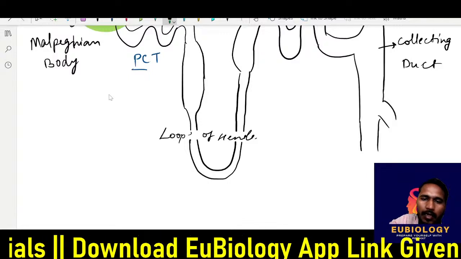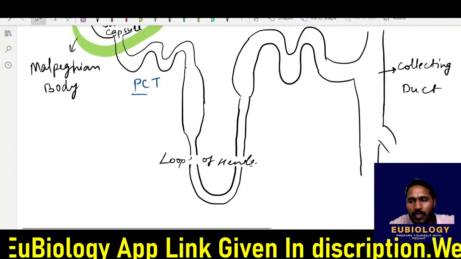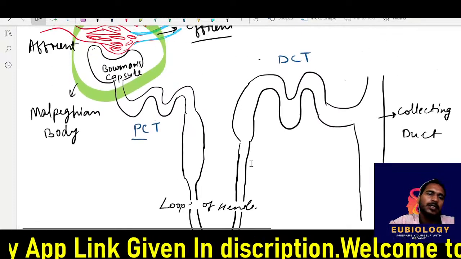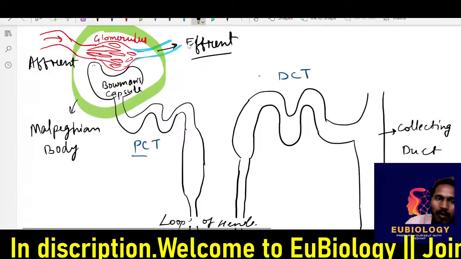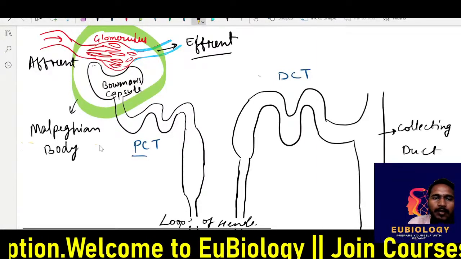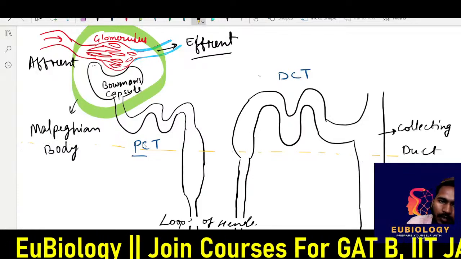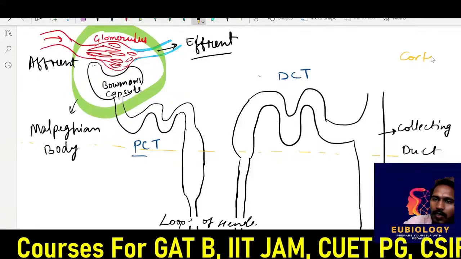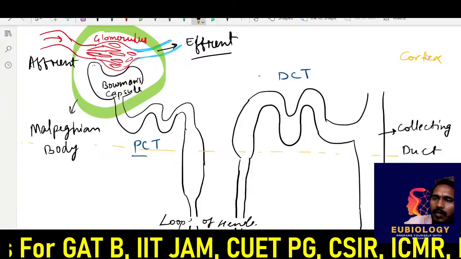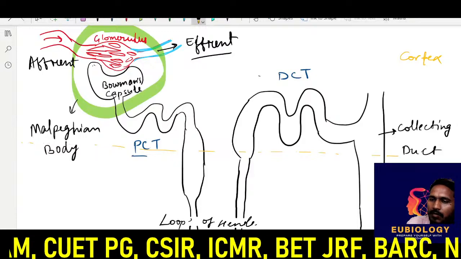If it is going till the medulla, then it is called juxtamedullary, and if most of it is in the cortex, then it is called a cortical nephron. Always, the PCT, DCT and the Malpighian body will be on the cortex side, and the loop of Henle and collecting duct will be on the medulla side.